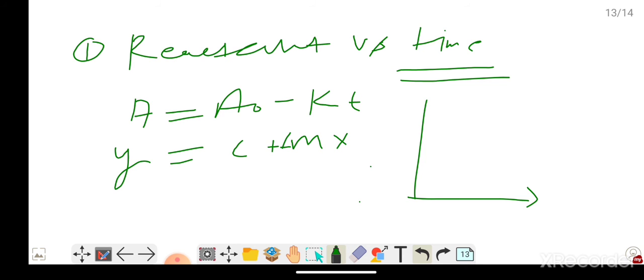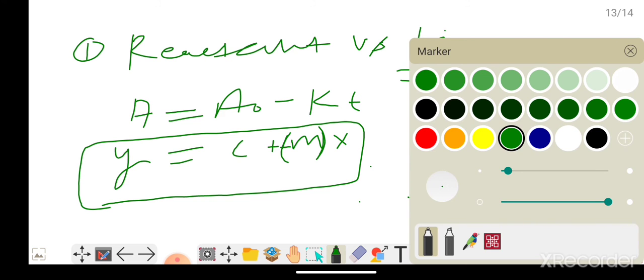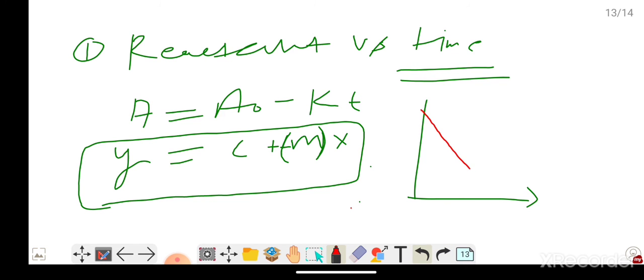Here the slope is negative, and this is the equation of a straight line. So the slope is negative, which means the graph proceeds downward.